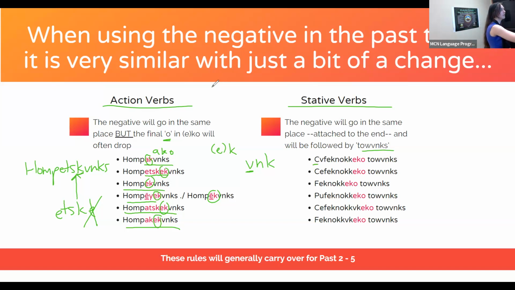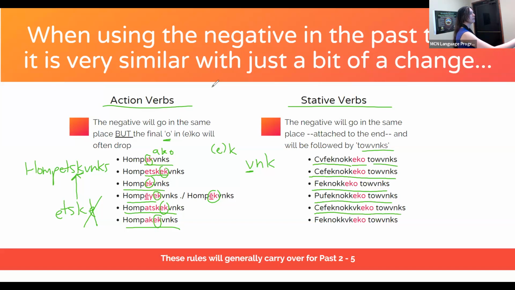So jafiknokigo dounks, jifiknokigo dounks, fiknokigo dounks, ufiknokigo dounks, jifiknokigo dounks, and fiknokigo dounks. For the most part, it doesn't super change, it just adds our ego on the end.